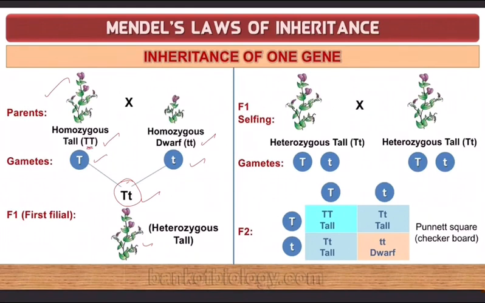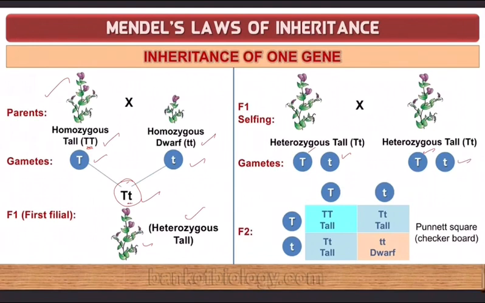So the fusion of gametes, capital T and small t, results in a plant with this genotype, and because of this genotype the plant is definitely tall like the father plant, but the genetic composition varies. In the parental one it is pure tall, capital T, whereas in the offspring it is capital T, small t. So we say heterozygous tall.